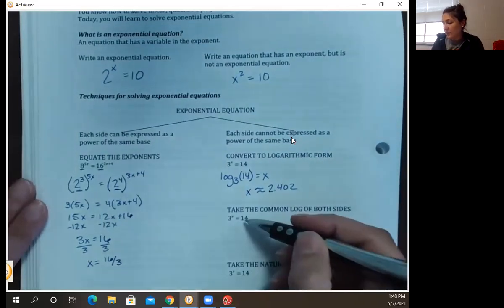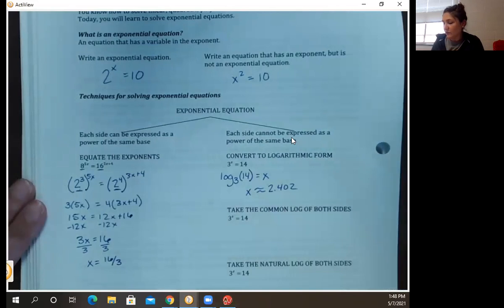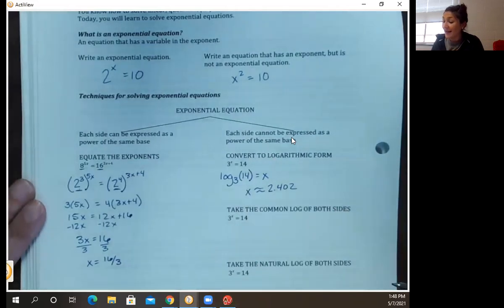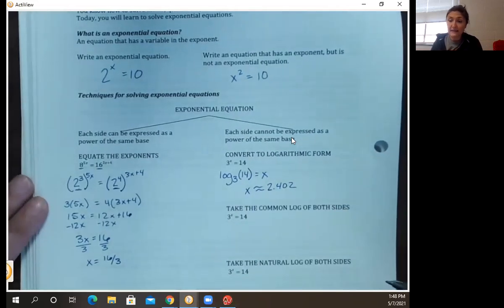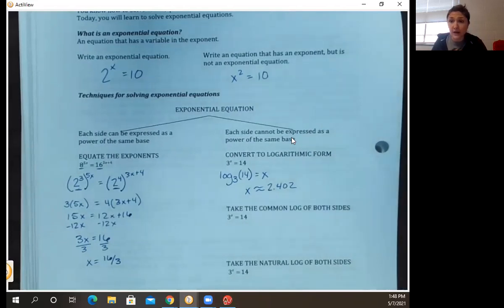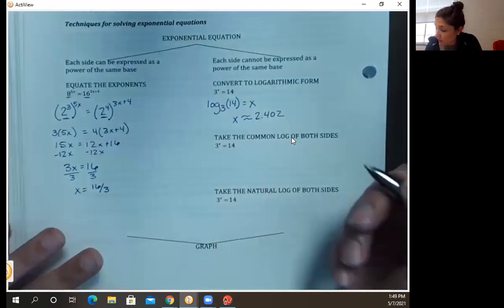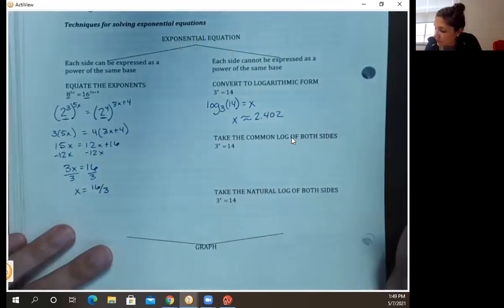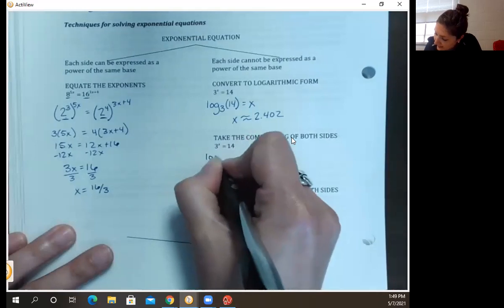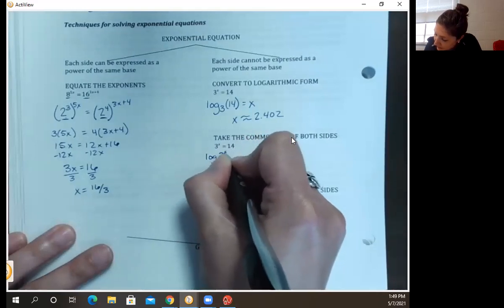I can also, for a problem like 3 to the x equals 14, if I don't want to rewrite it as a log, take a log of both sides, and then we're going to use some of those log properties to help us get x out of the exponent. So you could take any log, but we're going to look specifically at common log and natural log. So this means that I am going to take the log of both sides.